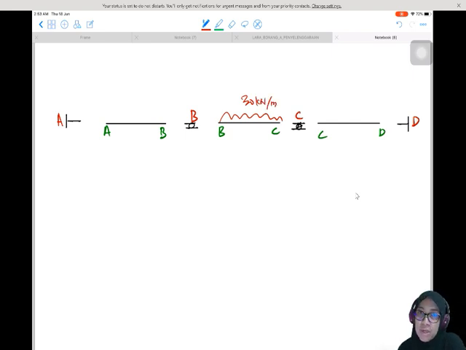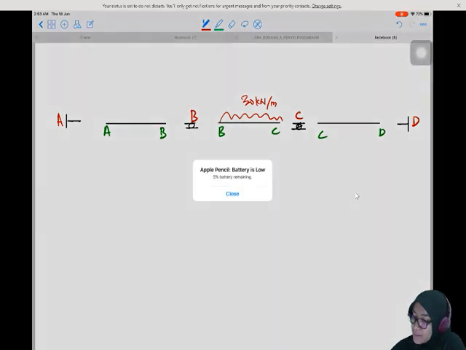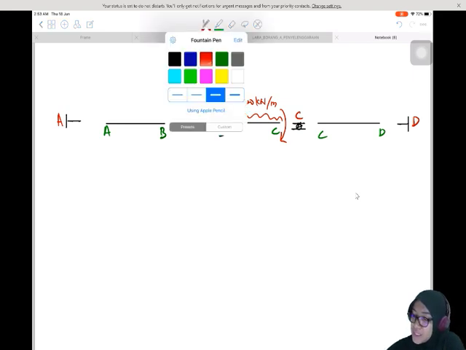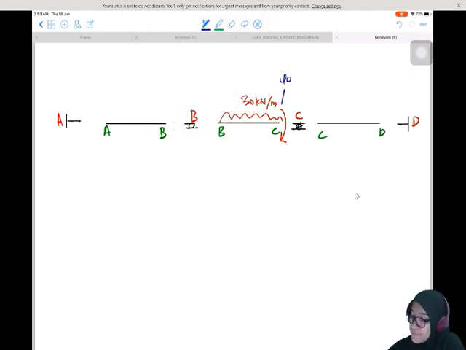Using the formula, we calculate this value as this one. And the value here is 40.